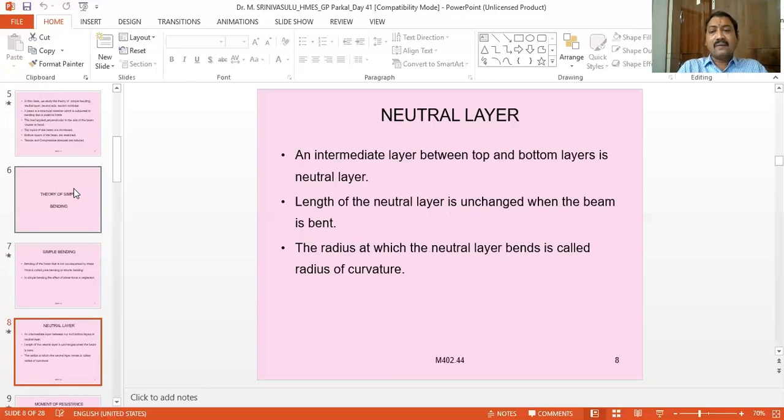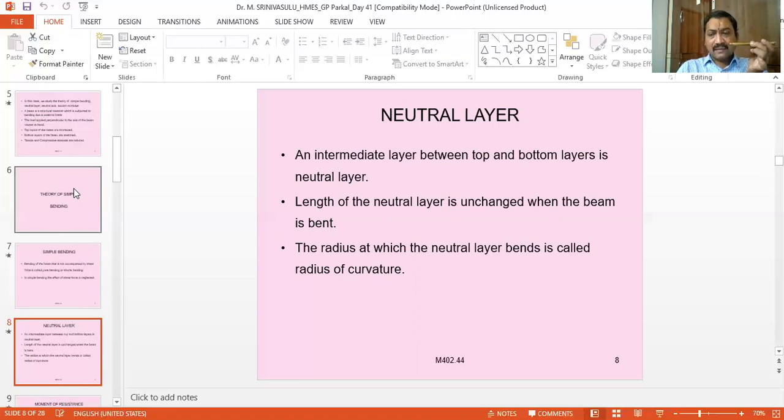Now coming to the neutral layer. What is this neutral layer? If we take the cross section of any beam, it is like a rectangular cross section like this, with some thickness. Here this is called the top layers and this part is called the bottom layers.